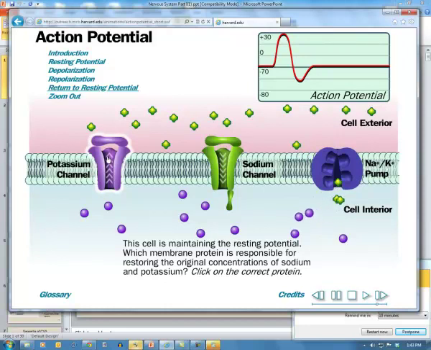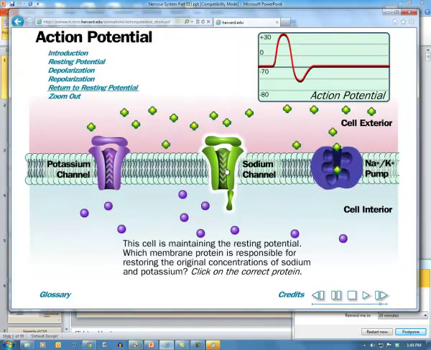So these are voltage-gated channels that only open at certain voltages. In this case, voltage-gated potassium channels only open at positive membrane potentials. In this case, plus 30 is when the potassium channels would open, and voltage-gated sodium channels only open at threshold.